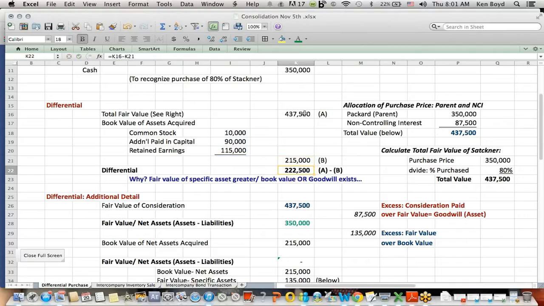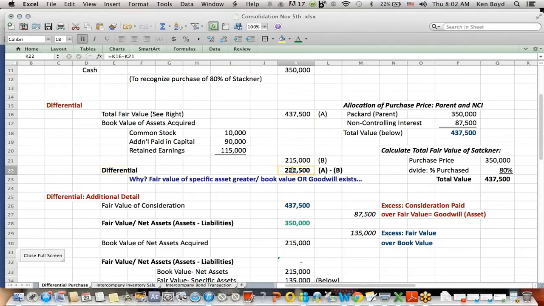The difference between the purchase price of the whole subsidiary and the book value or net assets or the equity, all three mean the same thing, for the entire subsidiary, 215. The difference between those two, the 222,500, is the differential.